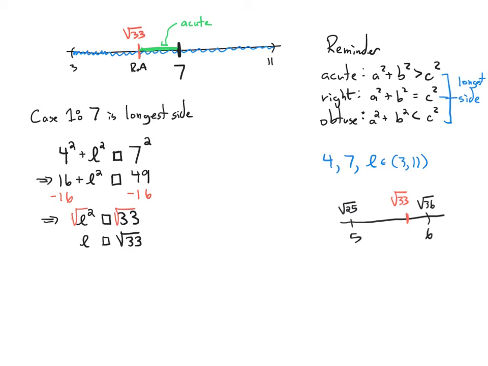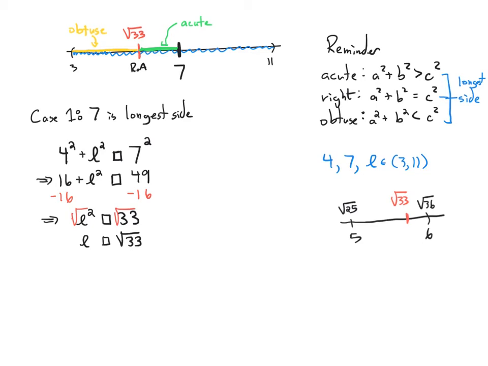So I'll do this in yellow. So between 3 and square root 33, we have an obtuse triangle. Okay, that's case 1. We did all the cases where 7 was the longest side.